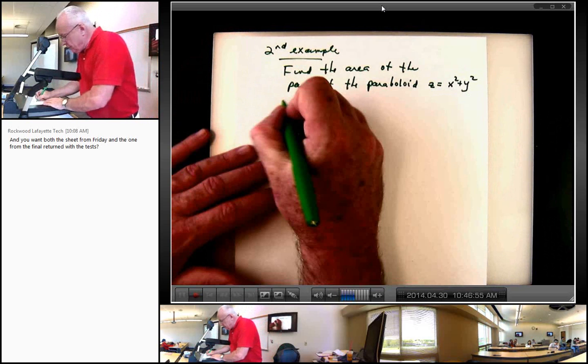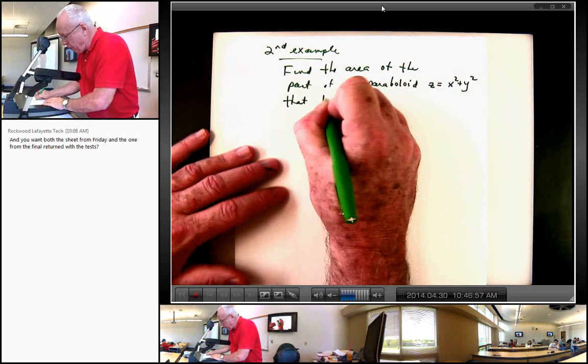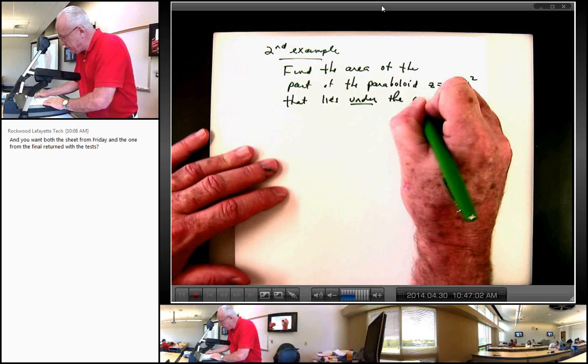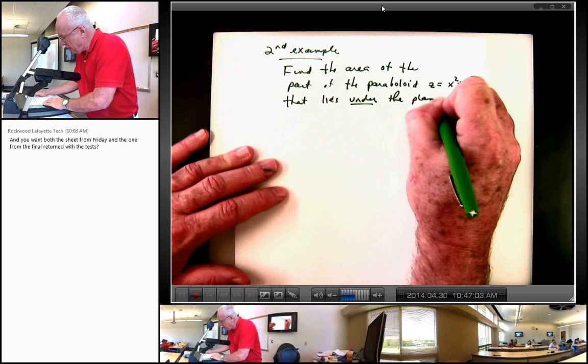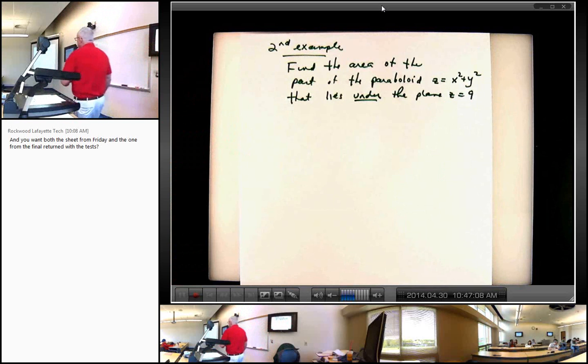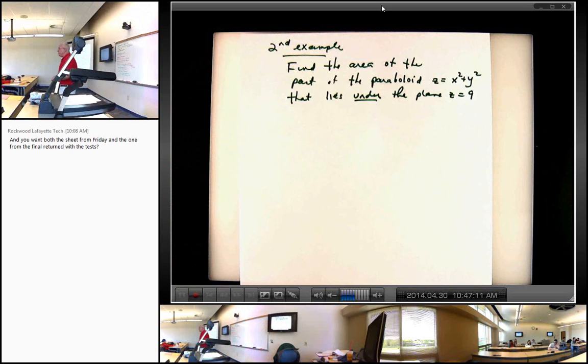That lies under the plane z is equal to 9. So this is a little bit reminiscent of, in the wording of some of those problems that you had in that last test, in the last unit.